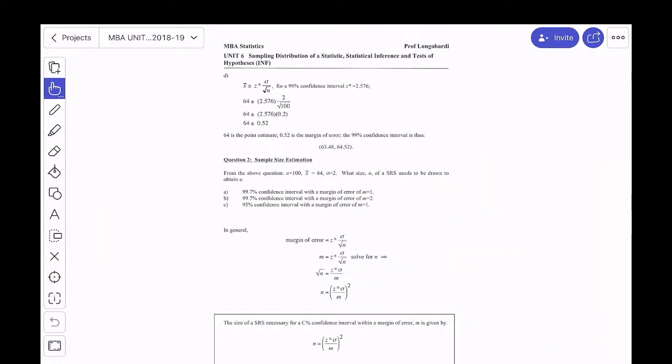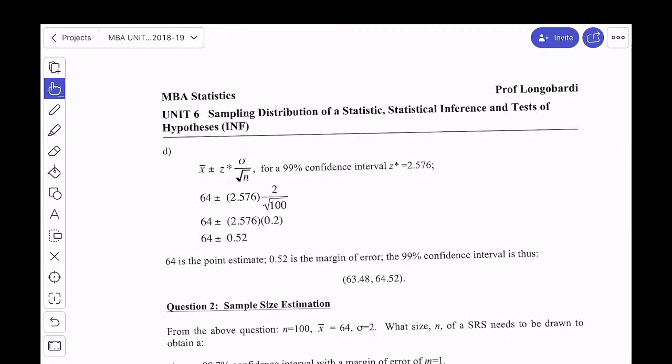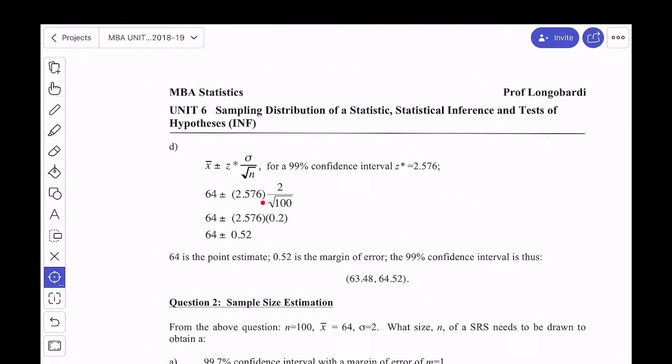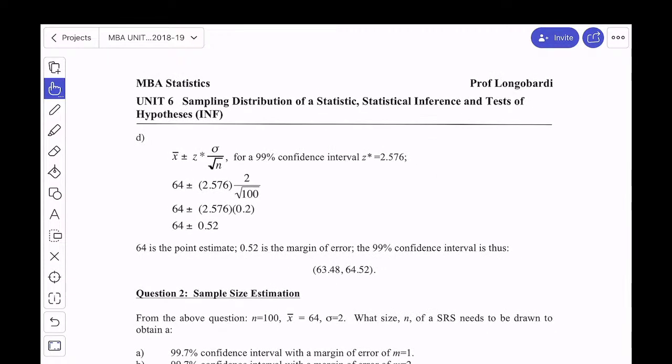And that's what I do here in D. 2.576, it's a little bit smaller than the last one, it's a little bit bigger than the first one, and that's the confidence interval. We refer to this as the margin of error. Any questions about confidence interval estimation?